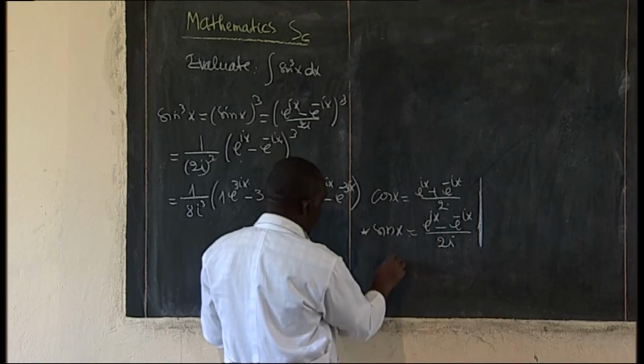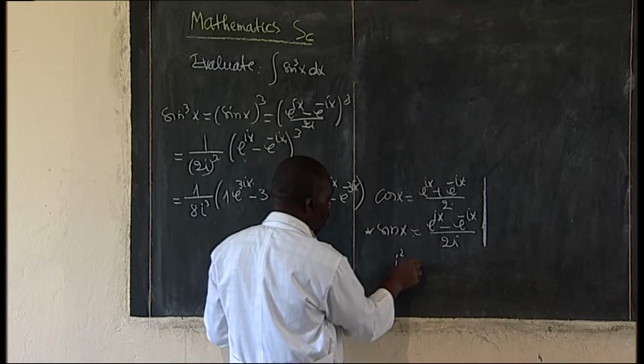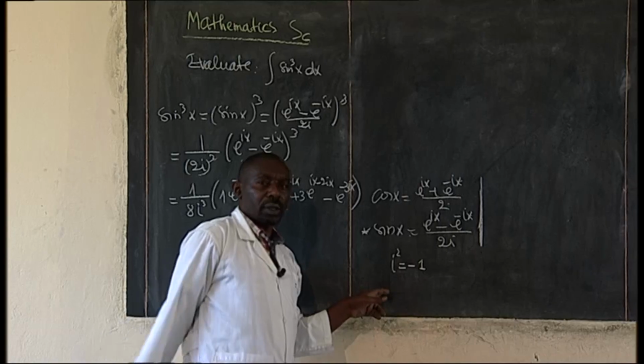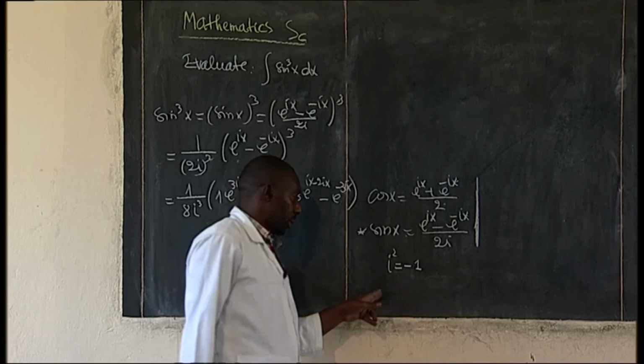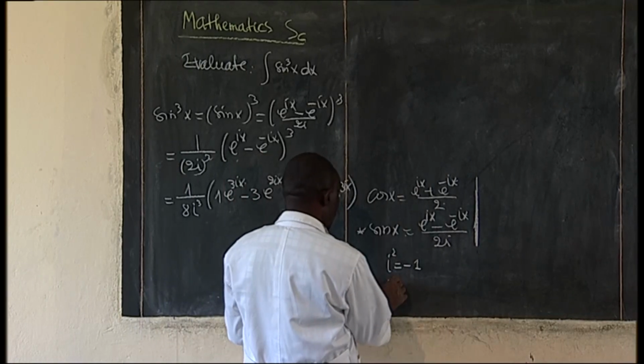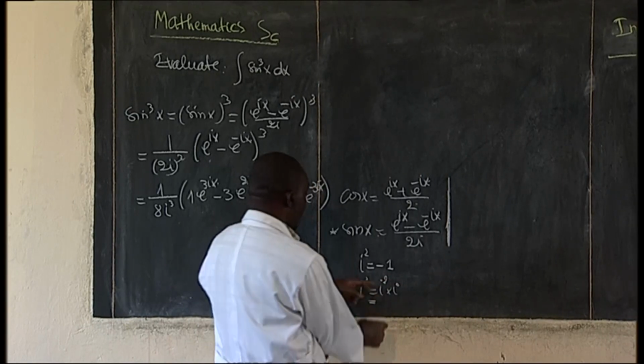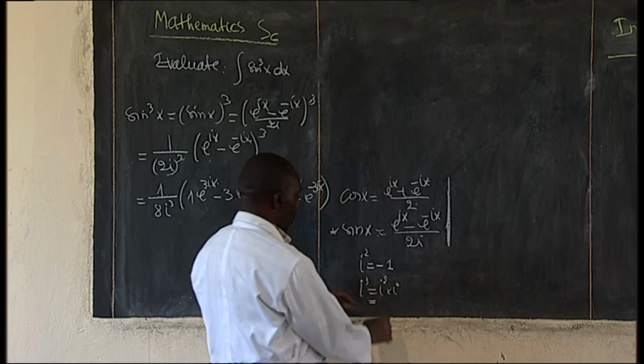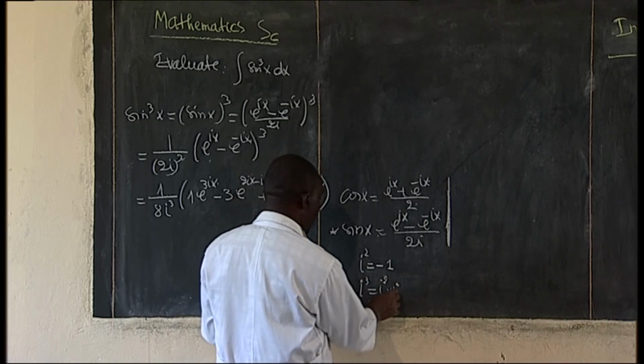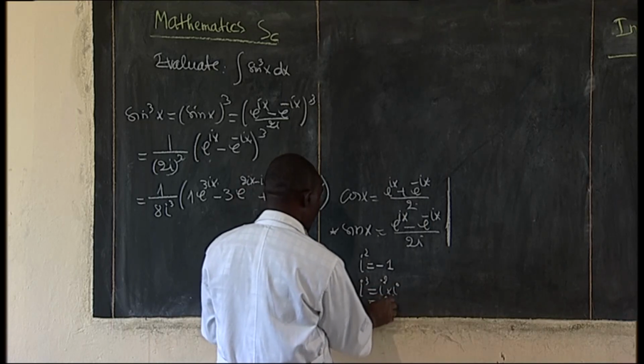Remember that i squared is equal to negative 1, from the complex numbers. So i power 3 is equal to i squared times i. As i squared is minus 1, I have minus 1 times i, which is equal to negative i.